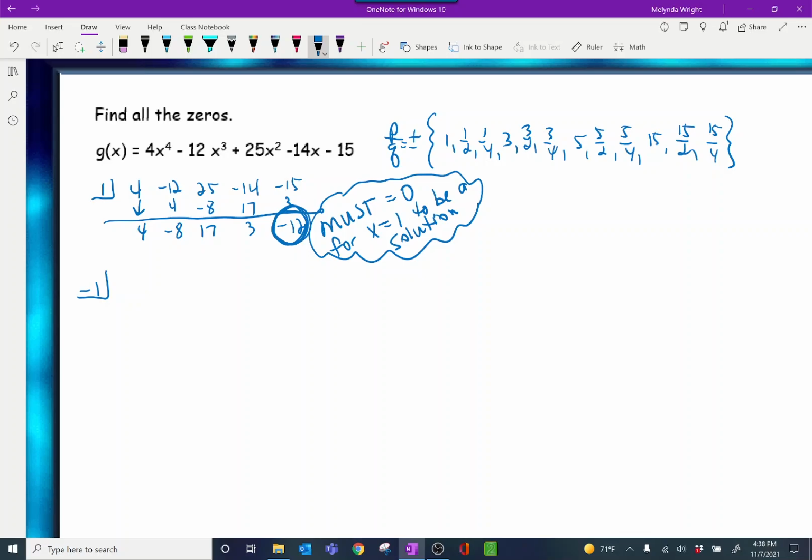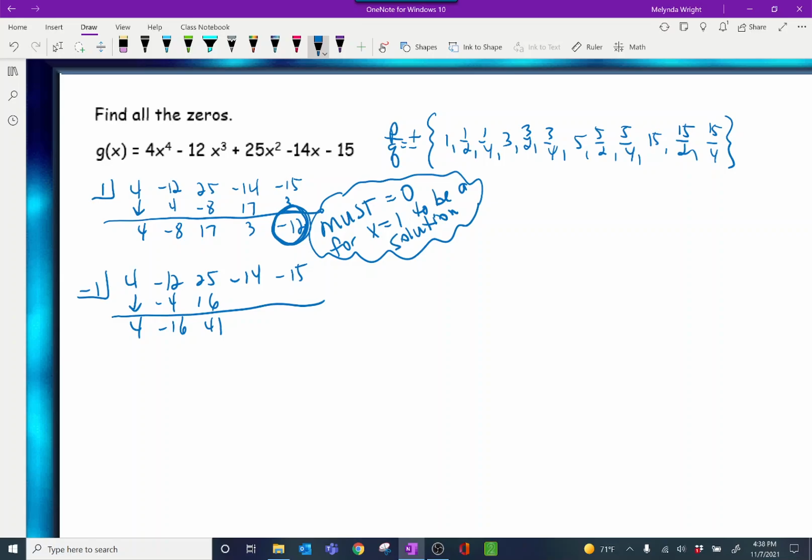And I'm, again, going to copy down all my coefficients: 4, negative 12, 25, negative 14, negative 15. Draw my line, bring my first number down. Negative 1 times 4 is negative 4. Negative 12 plus a negative 4 is a negative 16. Negative 1 times negative 16 is a positive 16. 16 plus 25 is 41.